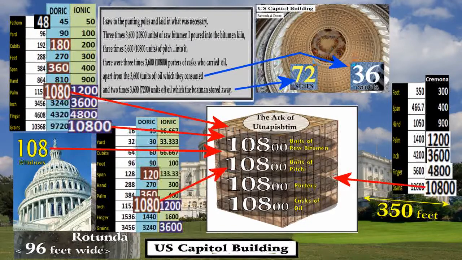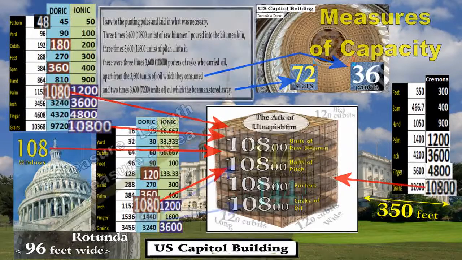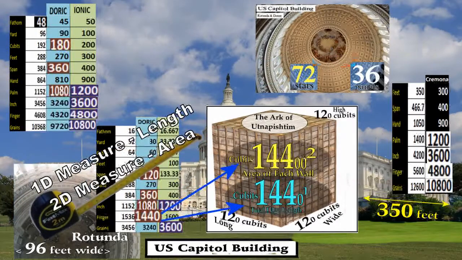It even says that some of the oil which was stored was consumed during construction, so we had 36 and 72 once more. 72 plus 36 is 108, so there's another 108 reference there in the dome, but I'm not including that, because once you start adding and dividing things, you can pull out any number you want. So I try to stick with the undeniable, the key features of this architecture.